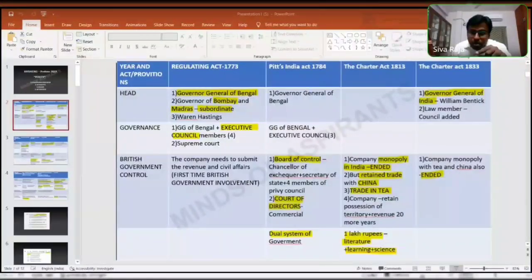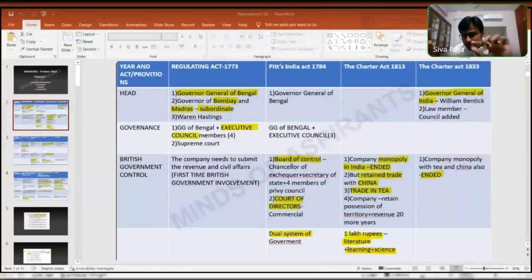And for your prelims, this is what you should see: when it was ended. And the next point, there is a nuance here. They ended monopoly in India, but the East India Company retained trade with China and trade in tea. These two things you should note. The point of the whole thing will be the nuances.